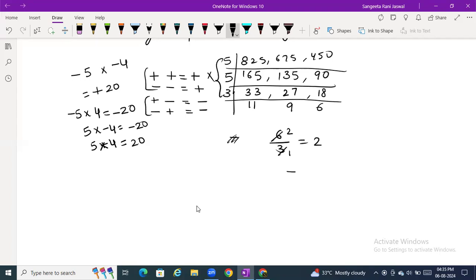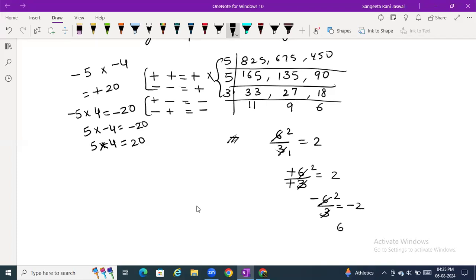Now, here both the numbers were positive. Suppose you take both negative numbers. What happens? The minus signs are there in the numerator and the denominator, so they cancel out. When two same signs are there, they become positive. So the answer will be again 2. And if you have one number negative and the other positive, if the numerator is negative and the denominator is positive, then this will be minus 2.